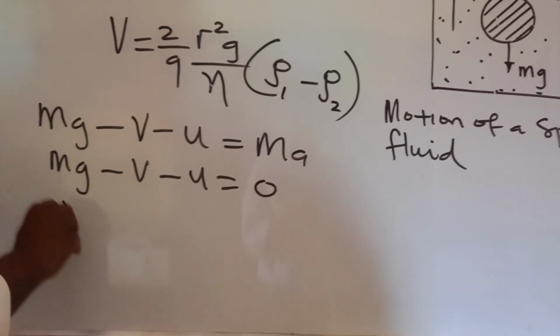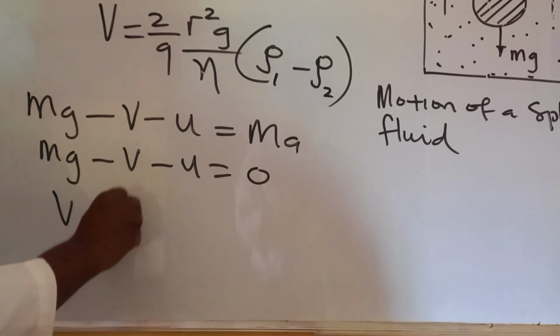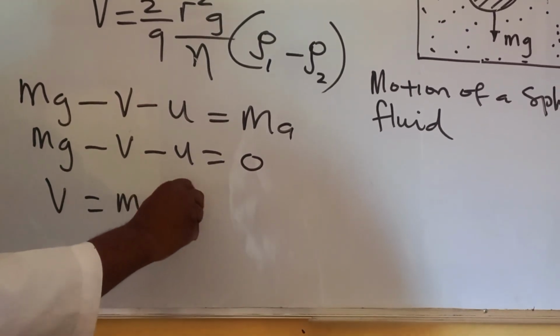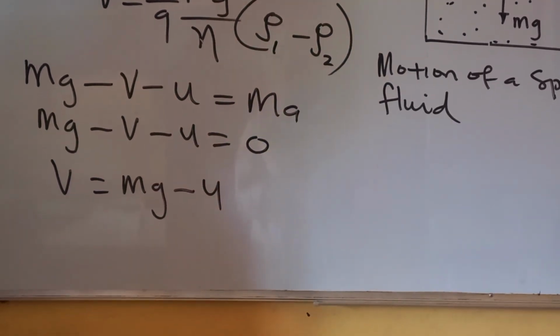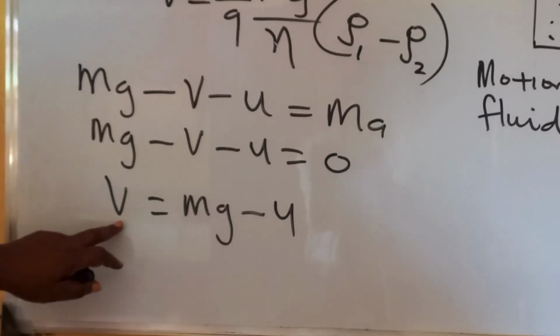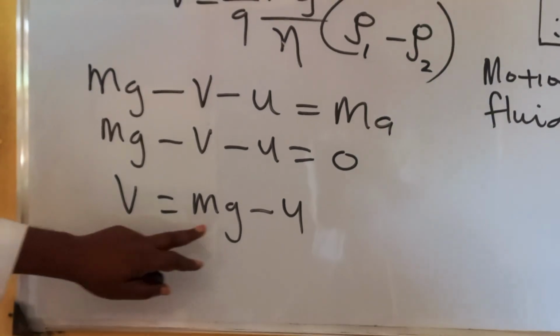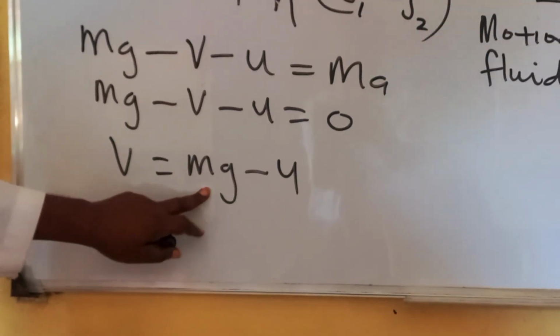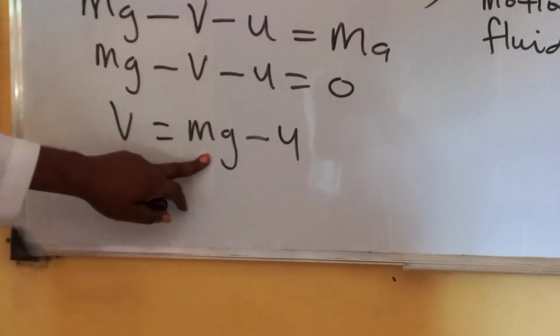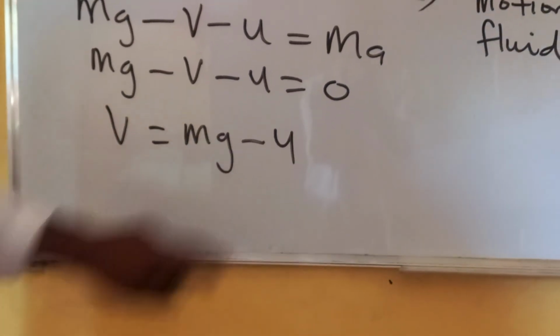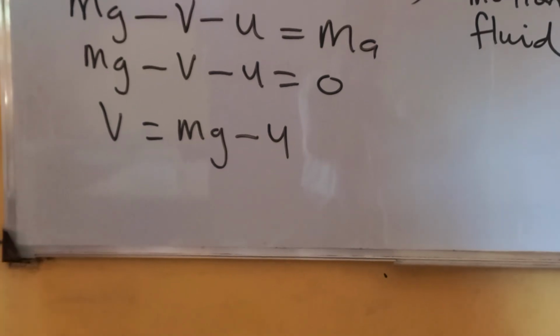So I'll have V equals mg minus u, where V is the terminal velocity. Mg is the weight of the sphere falling through the viscous fluid. U is the upthrust of the fluid on the ball.